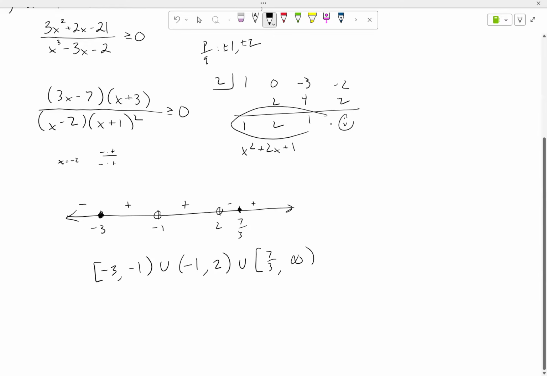You didn't close a bracket on infinity? You sure? Okay. Any questions? Do we really need this -1 stuff? Can we just go from -3 to 2? Maybe you write x does not equal -1.